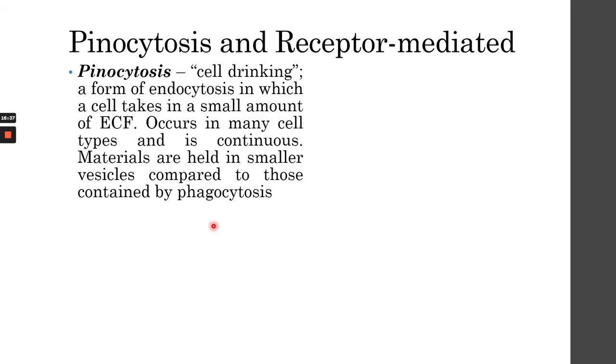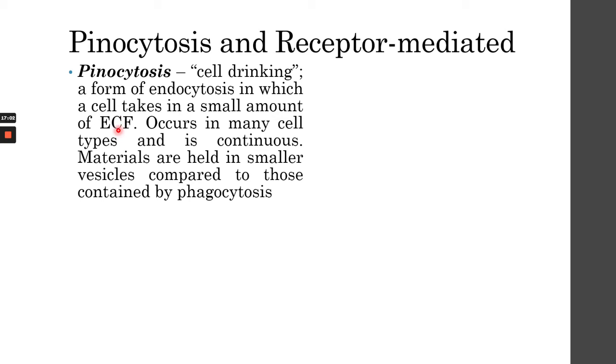In pinocytosis, this is cell drinking. Cell drinking because not only is the cell engulfing materials, but they actually take a small amount of the ECF. So not only are they engulfing materials, but they are also engulfing some fluid from the extracellular fluid.